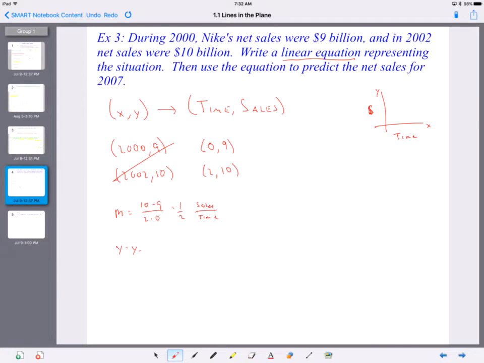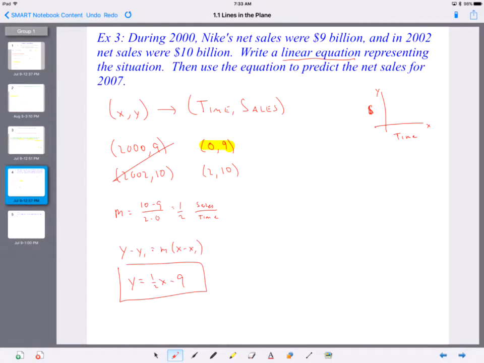Once again, we could use point slope form or slope intercept form. If you actually notice on this one, because of the way we set it up, this represents the y-intercept. So we actually wouldn't have to go through this process because we have the y-intercept. We could just say y is equal to a slope of 1/2 x plus 9.